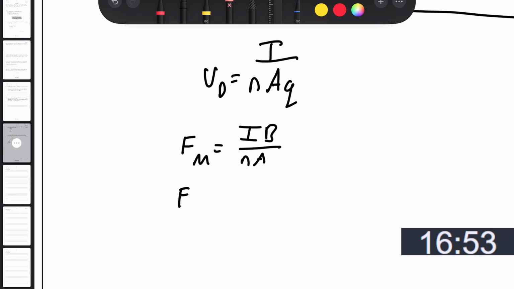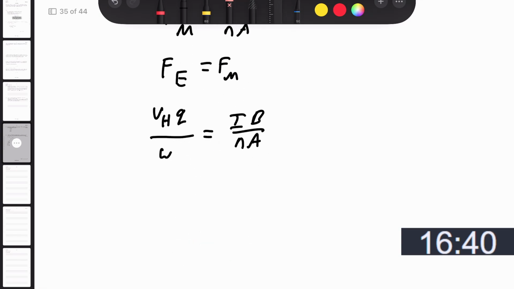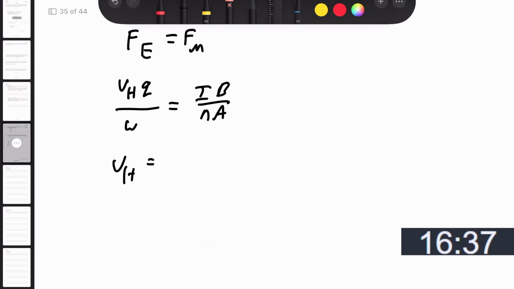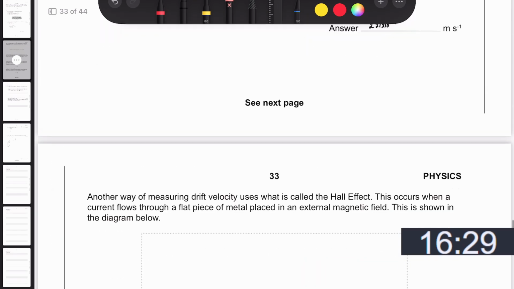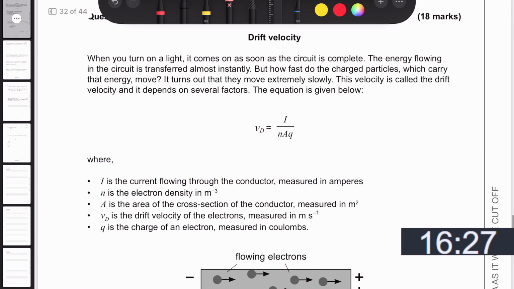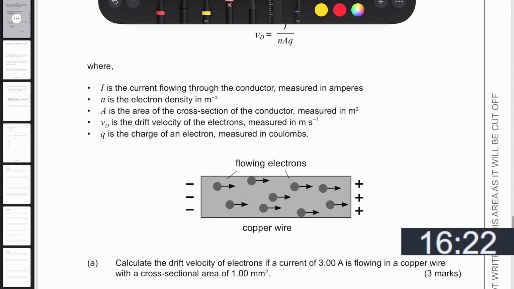So then F_E equals F_M, so then V_H Q all over W equals I B over N A. So then V_H has to equal W I B over N Q A. A is the cross-sectional area, the cross-section of the conductor.